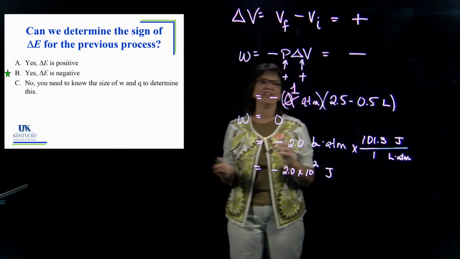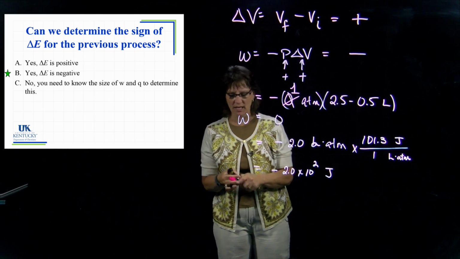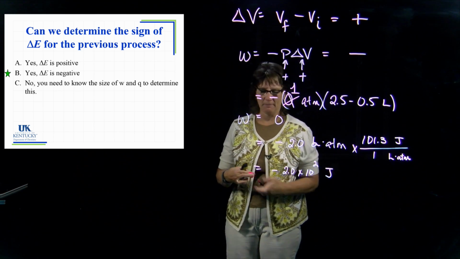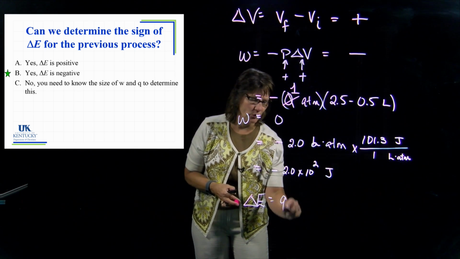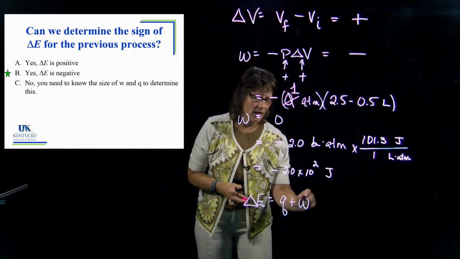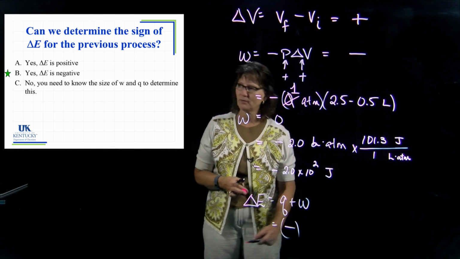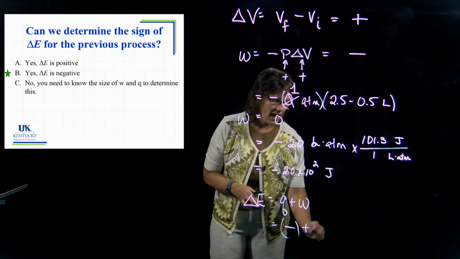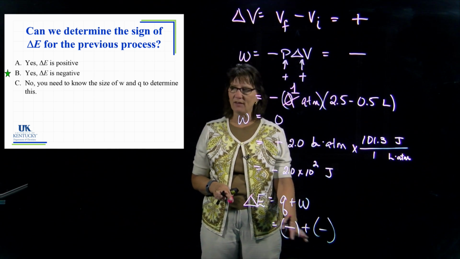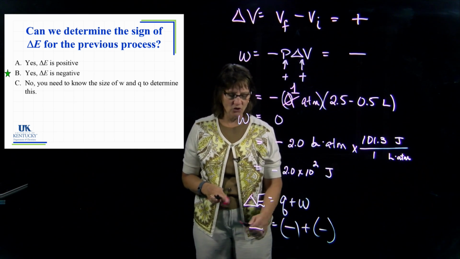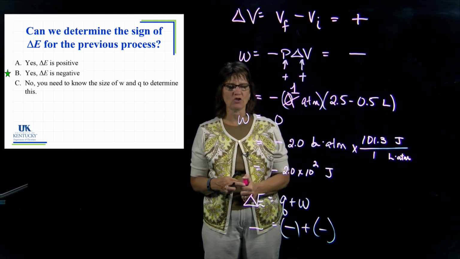Well, in this case, yes, you can know, because we know the equation, and let me write the equation down here for delta E. Delta E equals Q plus W. Now we've established in this reaction that Q was negative. We have a value of work that's negative. So if you're taking a negative and adding a negative, delta E is going to be negative. It doesn't matter what size these are, your change in internal energy is going to be negative.